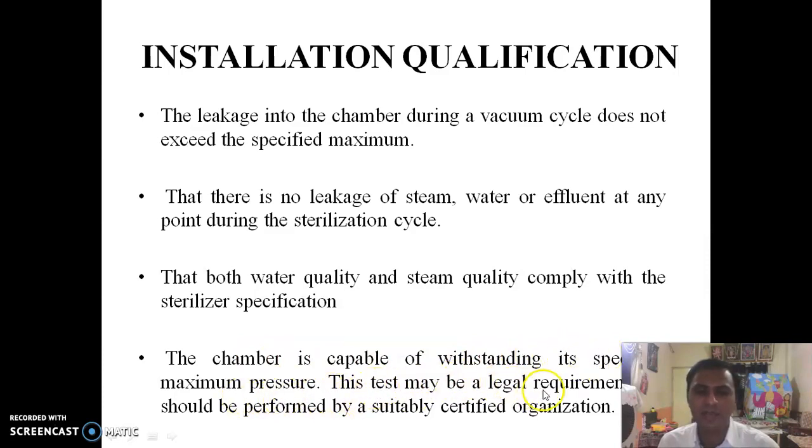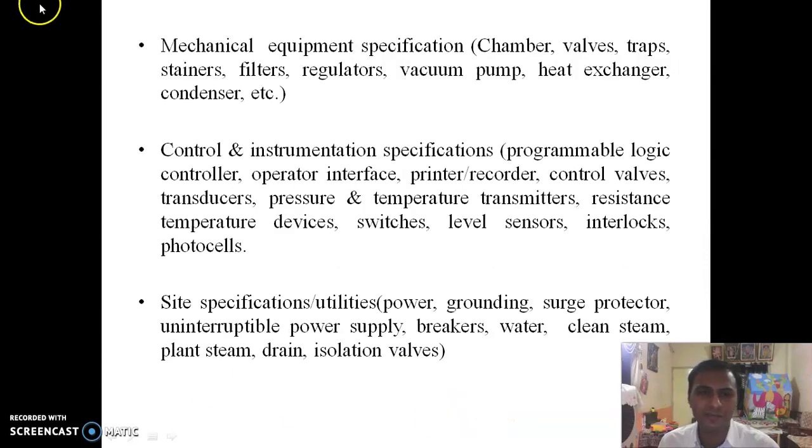This test may be a legal requirement and should be performed by a suitably certified organization.